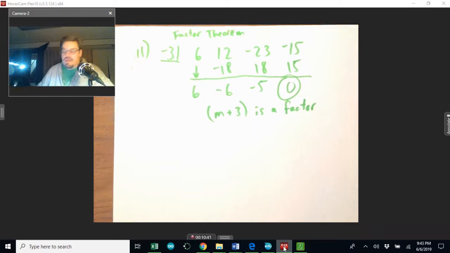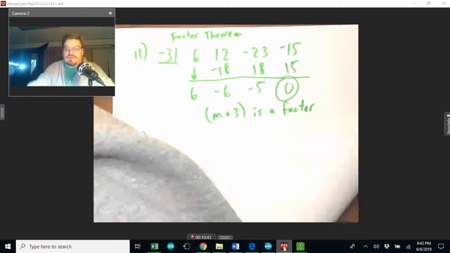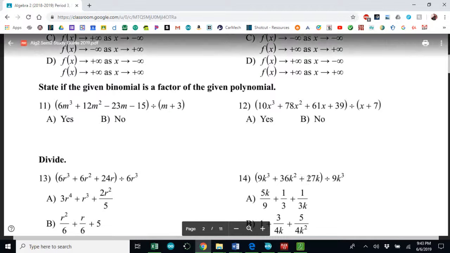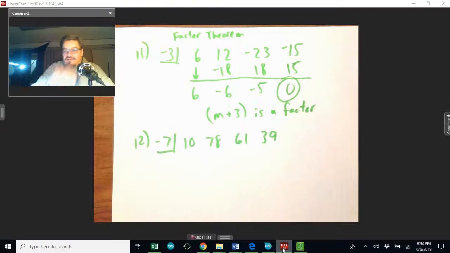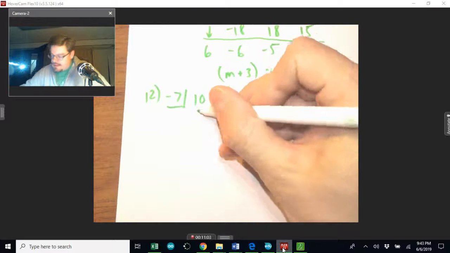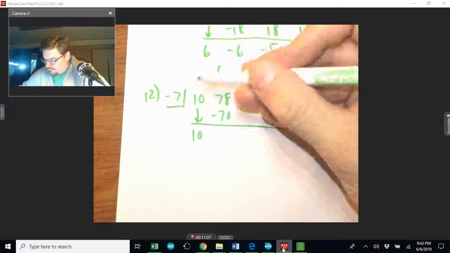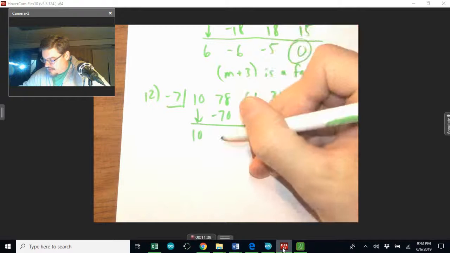Number 12, just to verify that again. We got x plus 7, so that means I would put a negative 7 in the window. 10, 78, 61, and 39. Those guys do not need spaces. So I drop it. 10 drops, negative 70, that's 8.